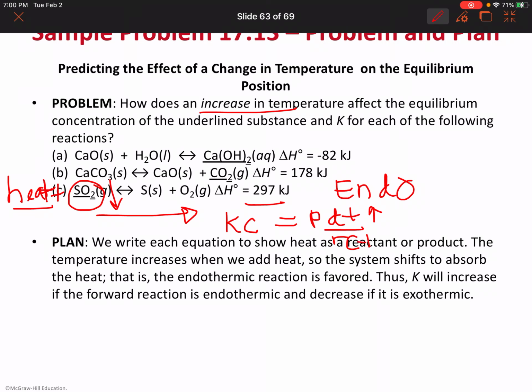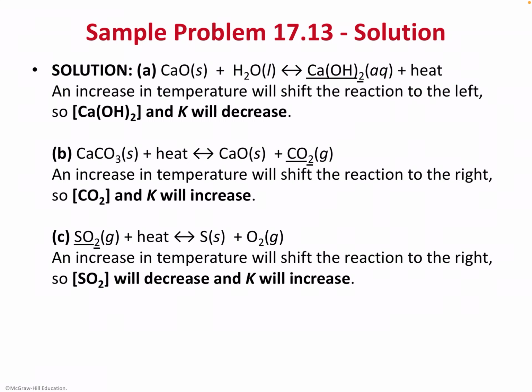Reactants will decrease. So as a result, Kc will increase. Okay, sulfur dioxide decreases, the equilibrium constant Kc increases. The reaction will go from left to right. That is also explained here.